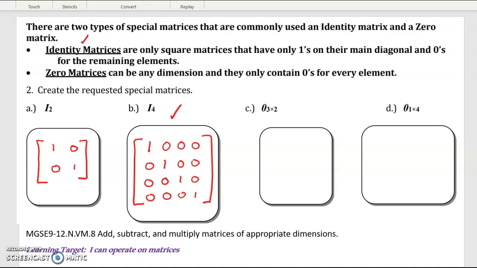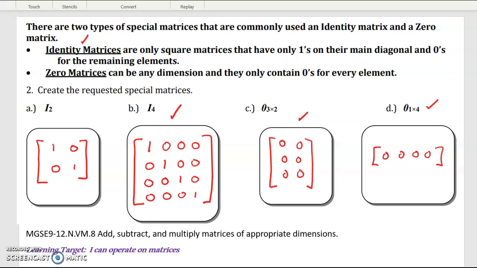A 0 matrix that's 3 by 2 is this. Very fast. It's just fascinating, I know. And then we have a 1 by 4 zero matrix. 1, 2, 3, 4. Fascinating. All right, so those are the details.